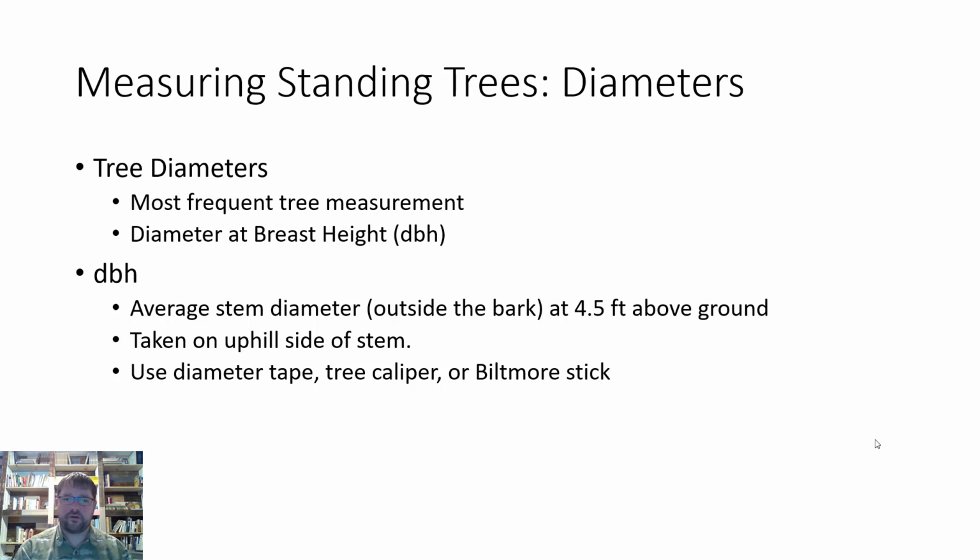Tree calipers are pretty good, but they're just measuring a uniform thickness of a tree. You're not measuring the actual entire cylinder. You're just measuring between 2 points. So I'd say DBH tapes are probably the most used and most precise, and they're really easy to use. They kind of replace the calipers and the stick, but I'll talk about them all.